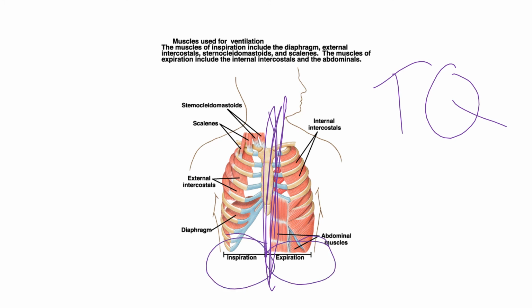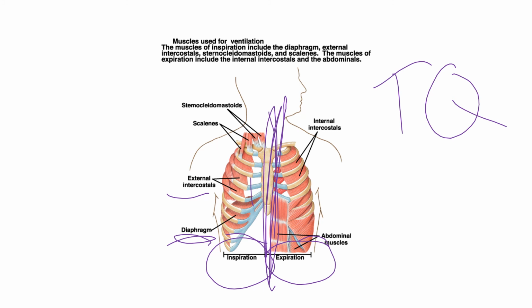So when you're looking at this, I'll ask, your external intercostals, what are they doing to your rib cage? Well, they're pulling your rib cage externally, which will then make you breathe in deeper. Your diaphragm, right, when contracted, moves down, causes you to breathe deeper.